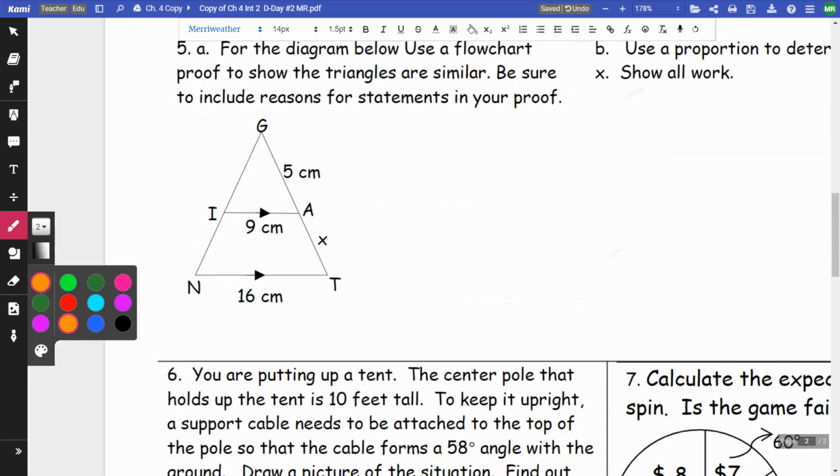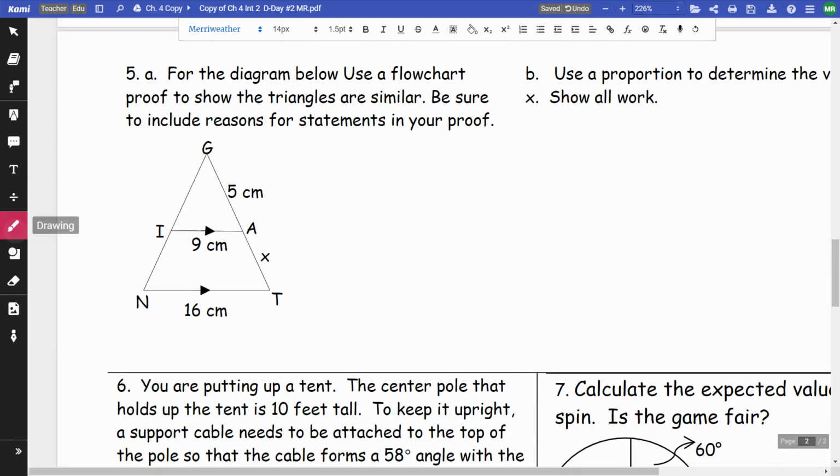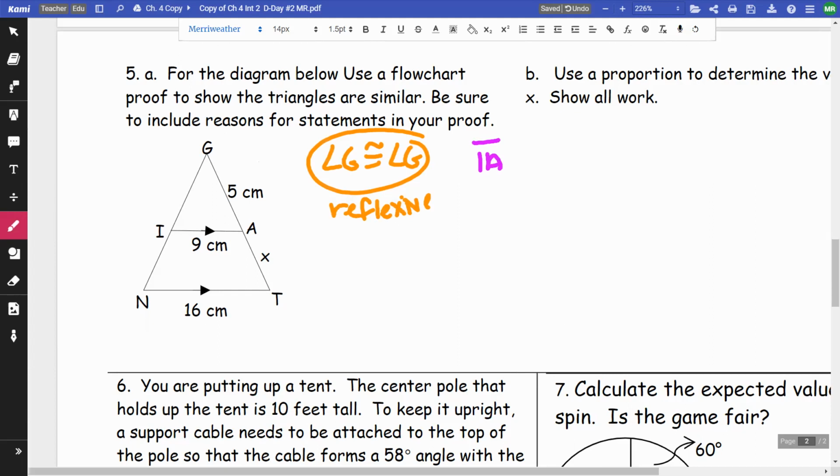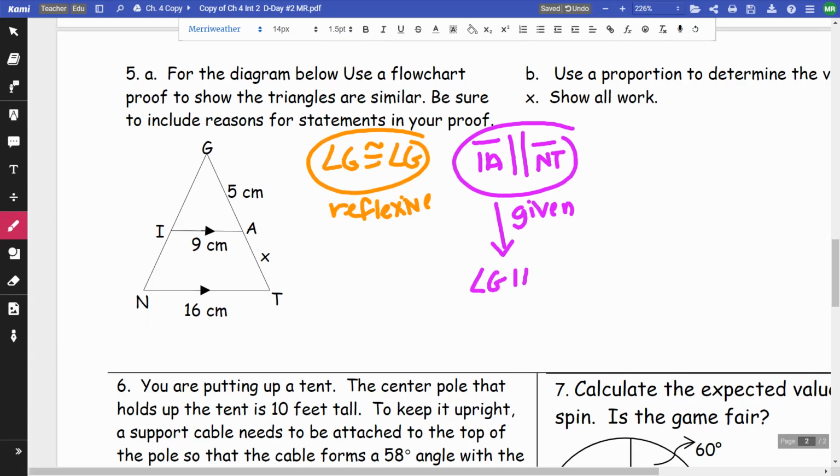Okay, on number 5, we're going to do a flow chart. So first thing I'm going to say, angle G is congruent to angle G, reflexive. Then I am going to say that line segment IA is parallel to NT, given. And that's going to lead to me saying angle GIA is congruent to angle N because of corresponding angles.